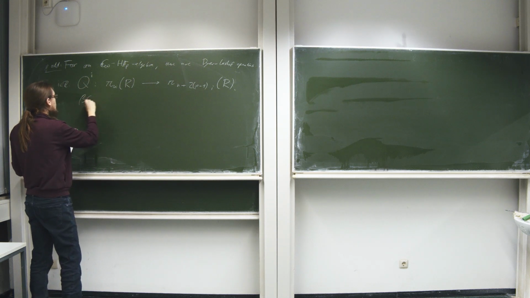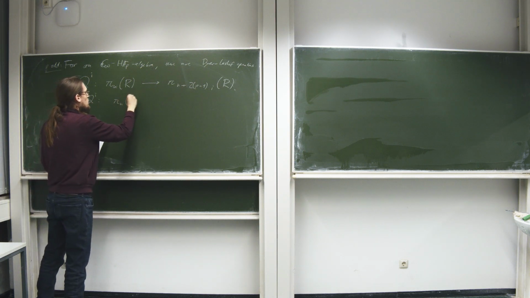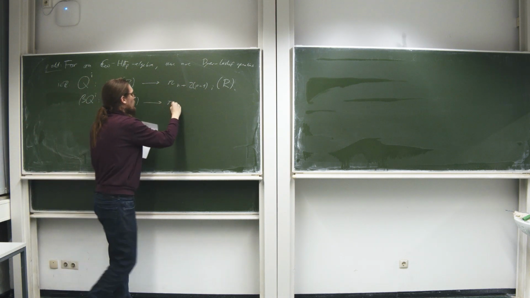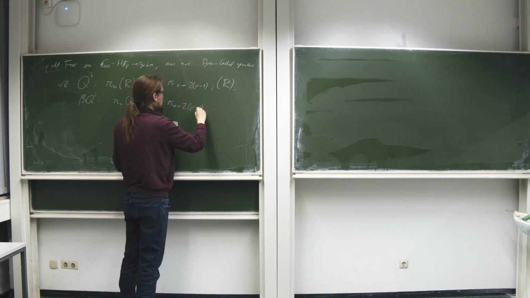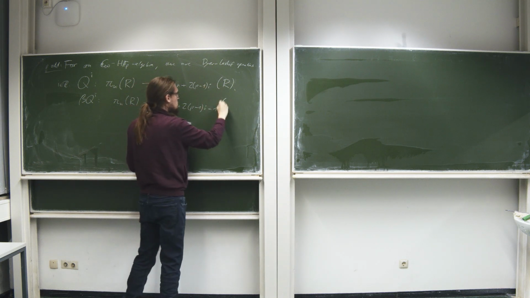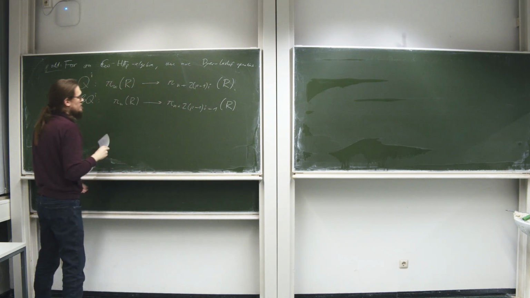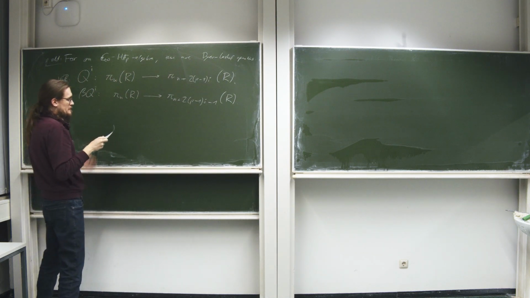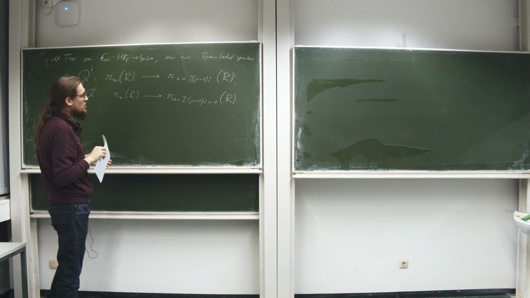And closely related, there are also operations beta Q^i that have almost the same degree, with an additional minus 1 here. So this is 2(p-1)i and then minus 1.